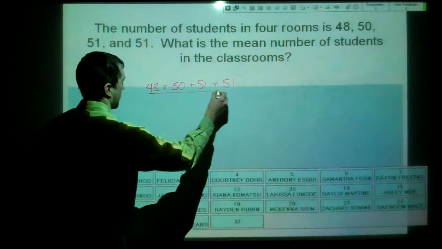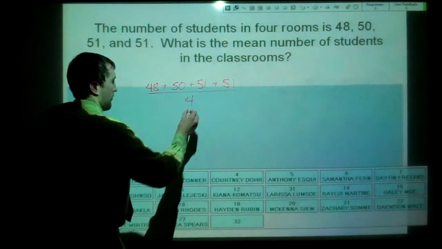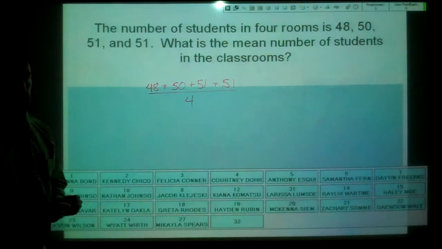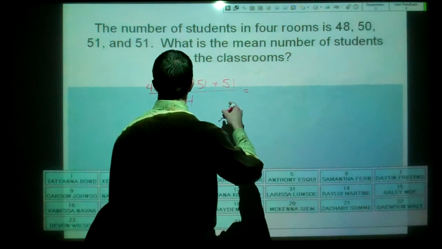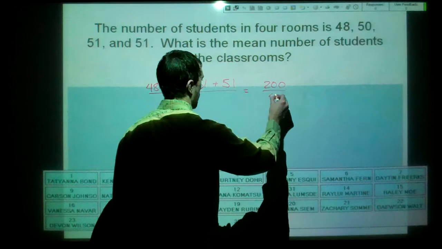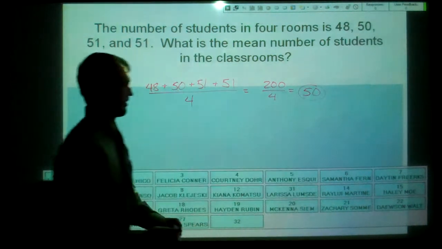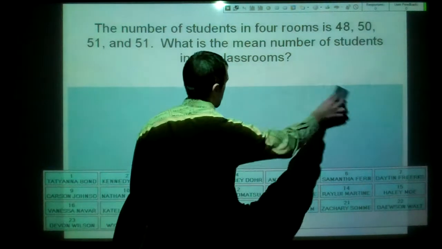And once we're done adding all that up, we're going to divide by 4, because there are 4 classrooms. So once we do that, we should end up getting 200 over 4, which will be 50. So we should be getting about 50 for the mean there. Or the average, same thing.